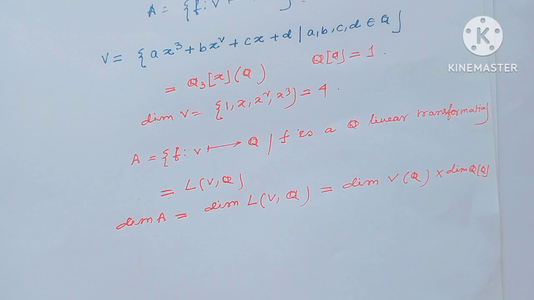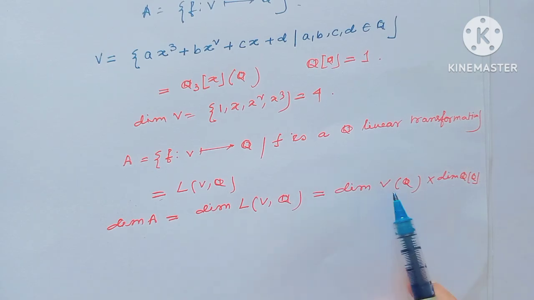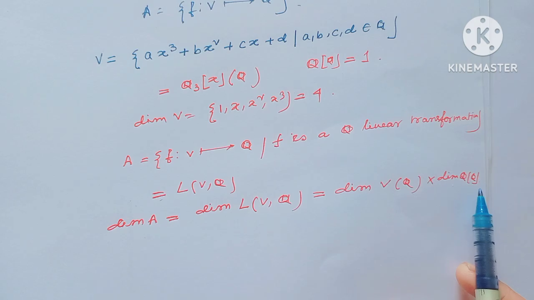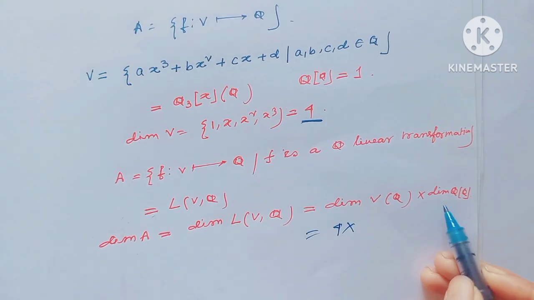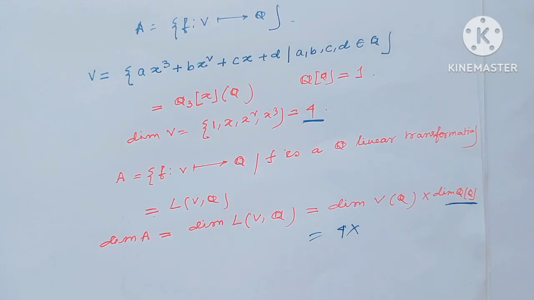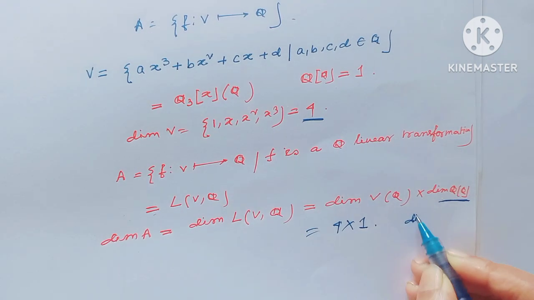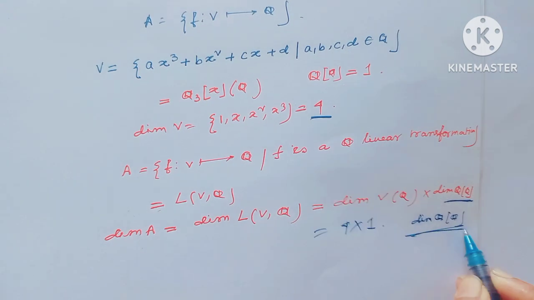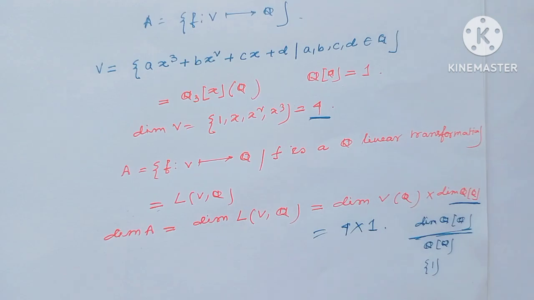Then the dimension of A, the space of linear transformations from V to Q, is equal to dimension of V over Q times dimension of Q over Q. Dimension of V over Q is 4, and we all know the dimension of Q over Q is always 1, because we can generate Q over Q by the vector 1, which is linearly independent.